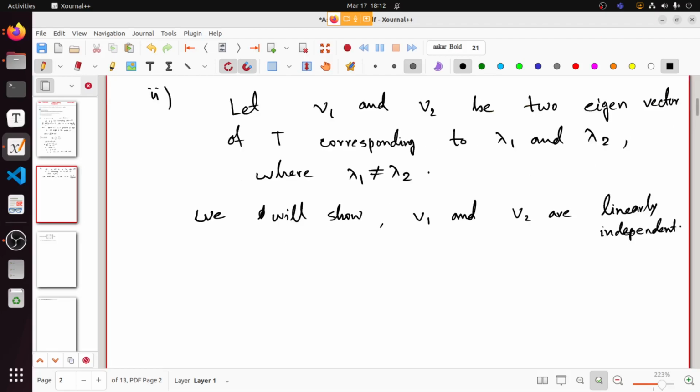Let's prove it by contradiction. Assume v1 and v2 are linearly dependent.